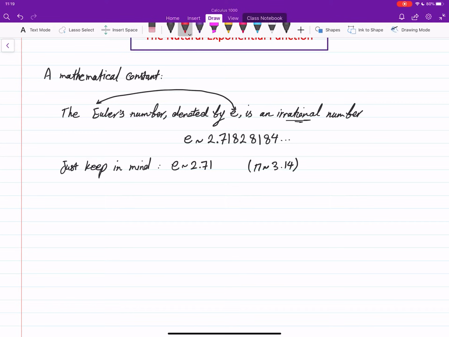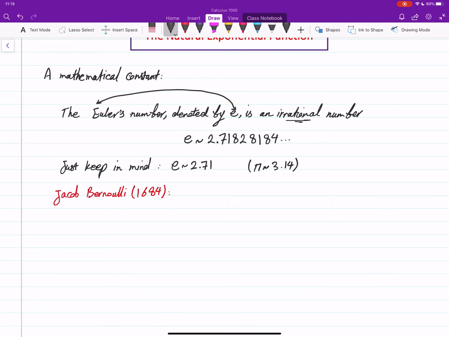This is a funny thing that happens all over math. The person who first discovered this number is a Swiss mathematician called Jacob Bernoulli, and he found this in 1684, 17th century.